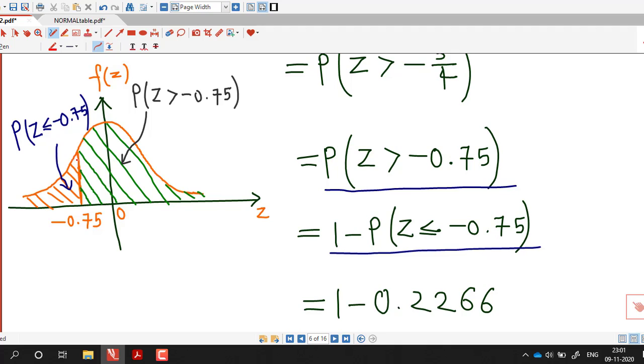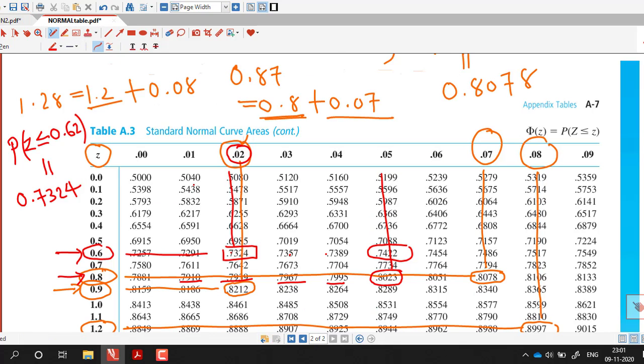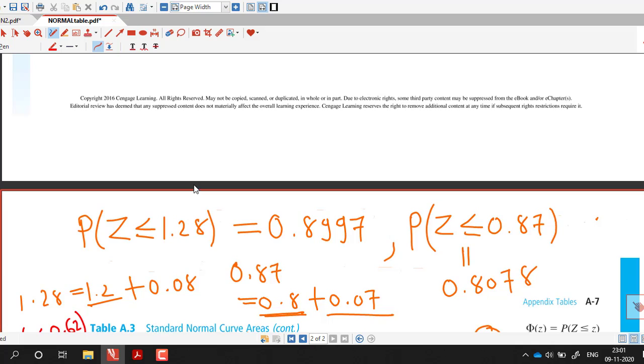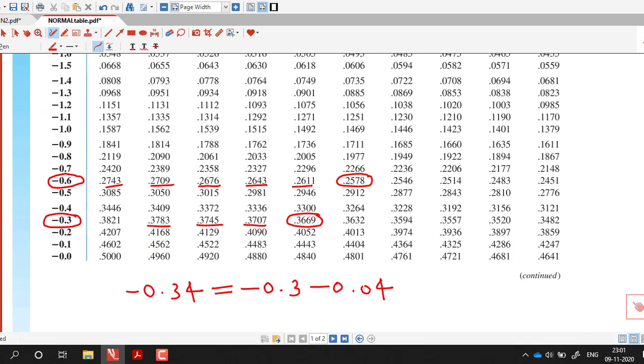That means this area is nothing but probability that Z is less than or equal to minus 0.75. And we have table values for these probabilities. Z is less than or equal to minus 0.75, so we concentrate on negative values, minus 0.7.